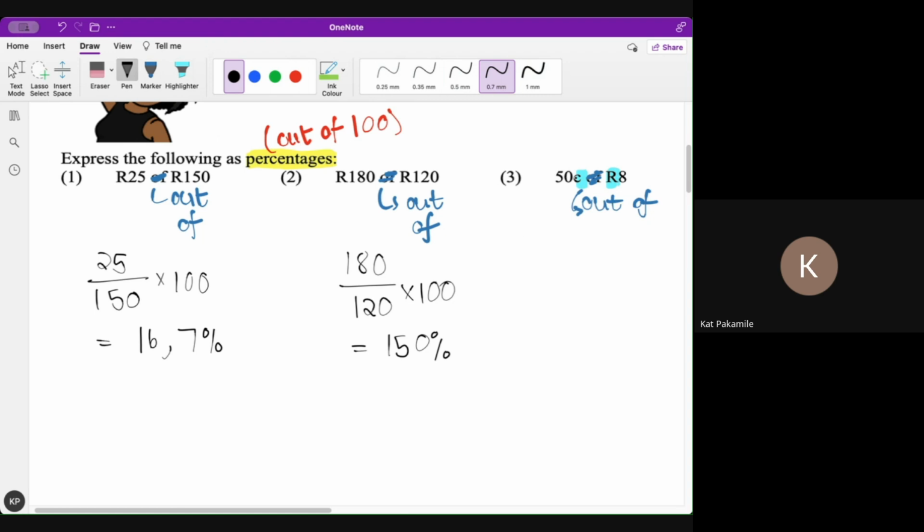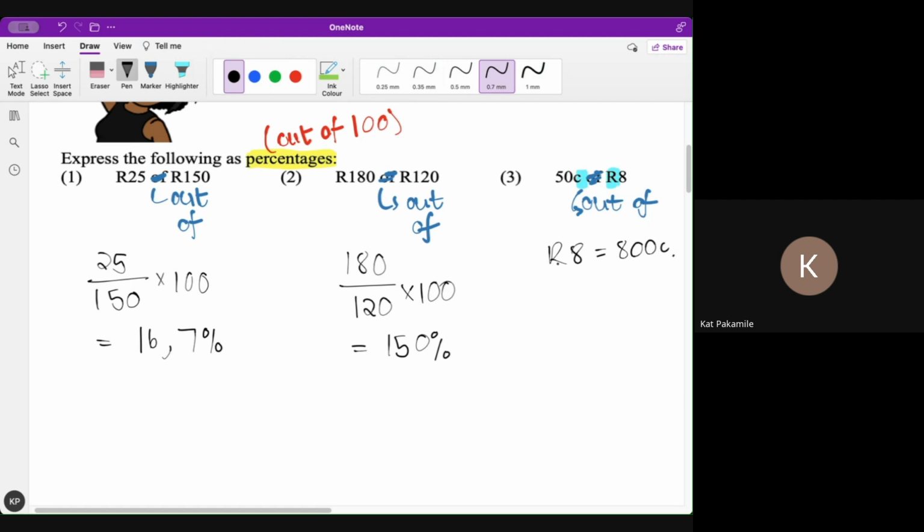It doesn't matter. So let's convert 8 rands to cents. 1 rand represents how many cents? 100. So then 8 rand is 800 cents.